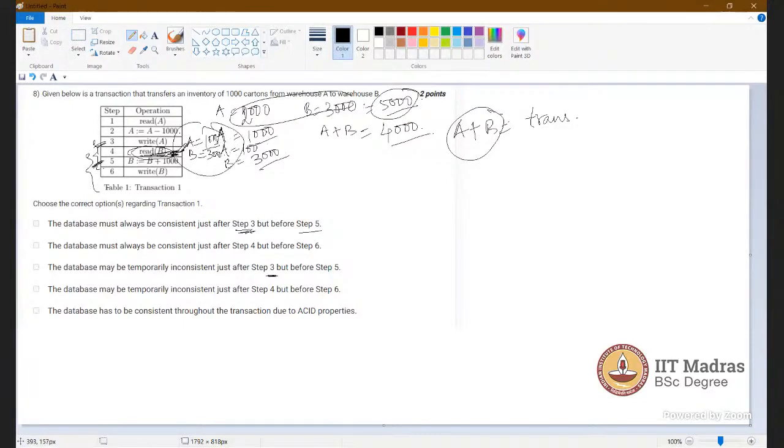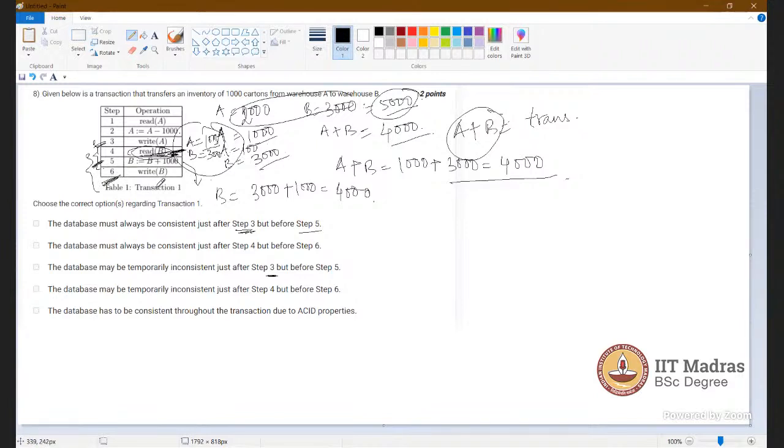In the fourth step, you get a similar thing, 1,000 plus 3,000, that is 4,000, and that is inconsistent. And in the next step, you can see B equal to 3,000 plus 1,000, that is 4,000. So after step 6, it is consistent, right?